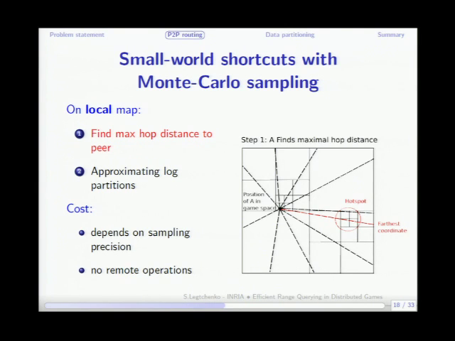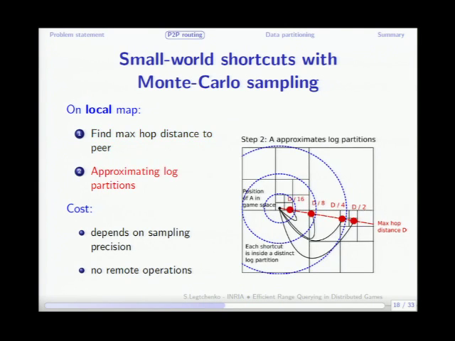Once we have this estimation, we approximate log partitions. That is, we compute the maximal distance inside the game space, which is the distance between the coordinate of A and the farthest coordinate.